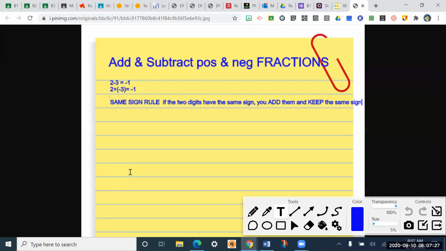So you guys already know this, 2 plus 3 equals 5, okay? Negative 2 minus 3 equals negative 5, or negative 2 plus negative 3 equals negative 5.